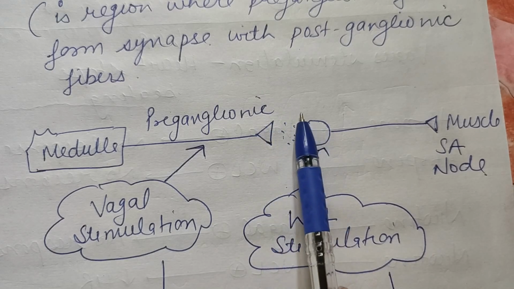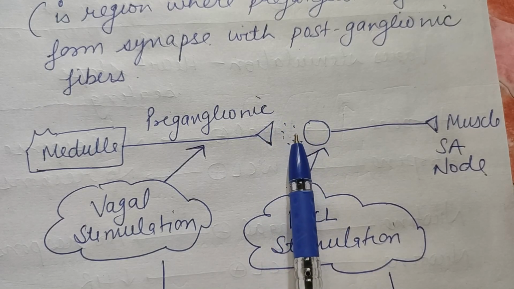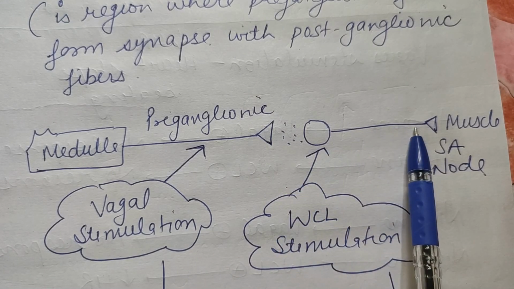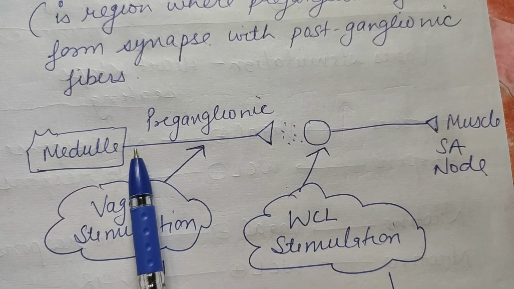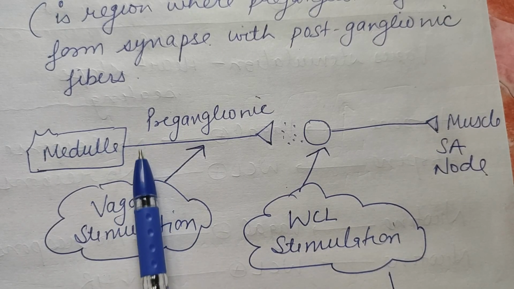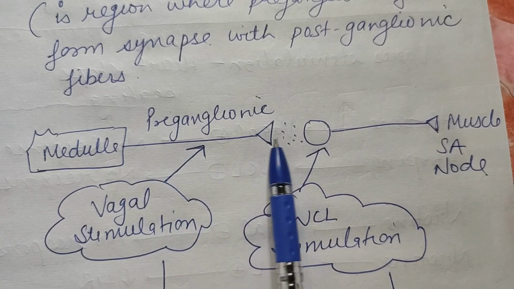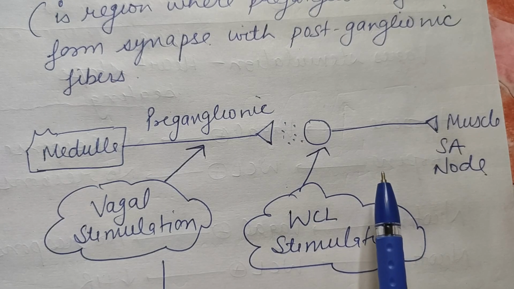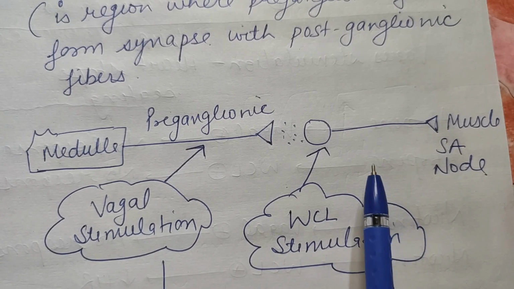So parasympathetic preganglionic fibers are long and postganglionic fibers are short, but in the sympathetic system it is vice versa. Preganglionic fibers end near the spinal cord, and postganglionic fibers run till the organ. We'll understand the autonomic nervous system separately in another video.